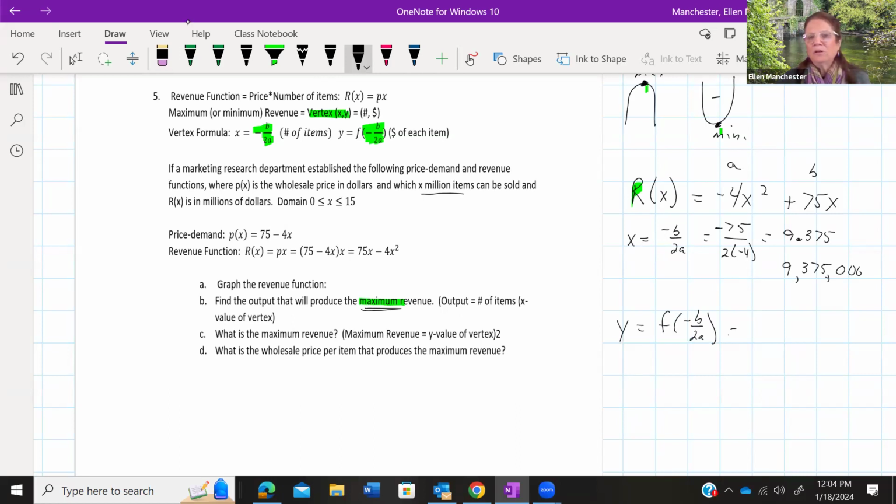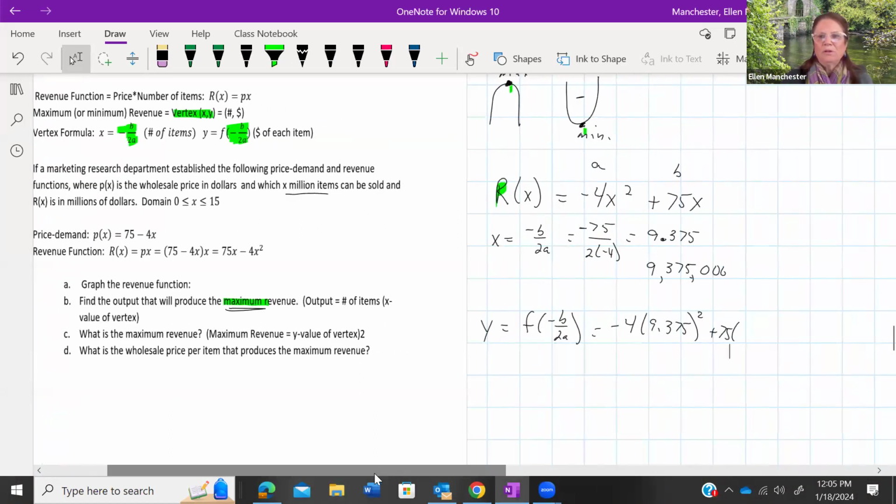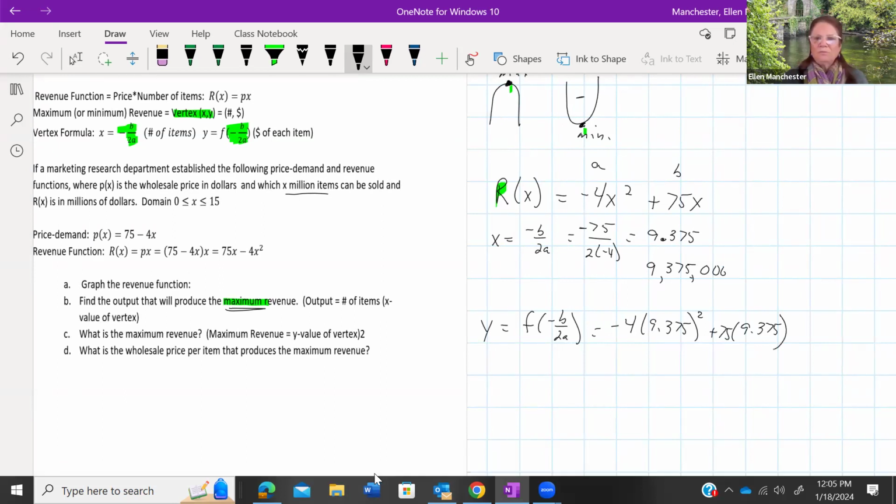All right, now I'm going to get my Y value, I'm going to plug that back into my original equation. So negative 4 times 9.375 squared plus 75, move this over, times 9.375. And then I'm just going to calculate it. So this part right here is negative 351.5625.